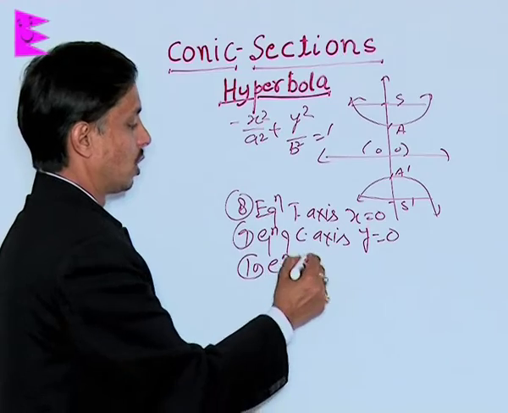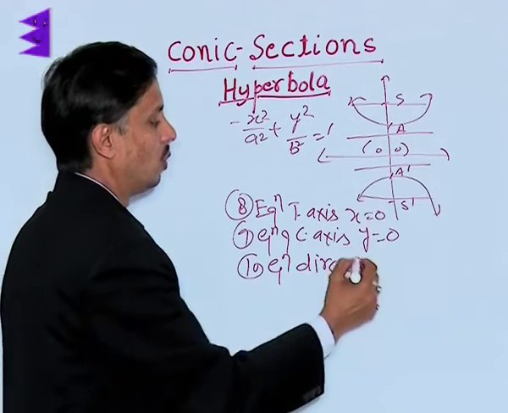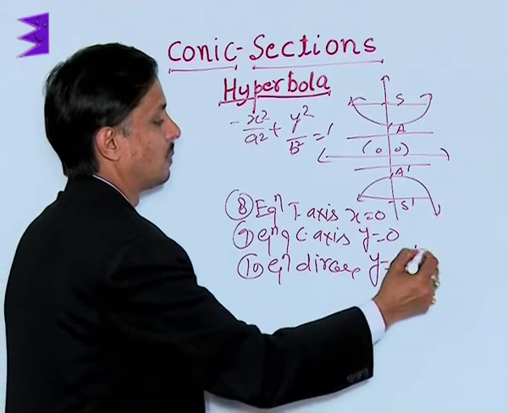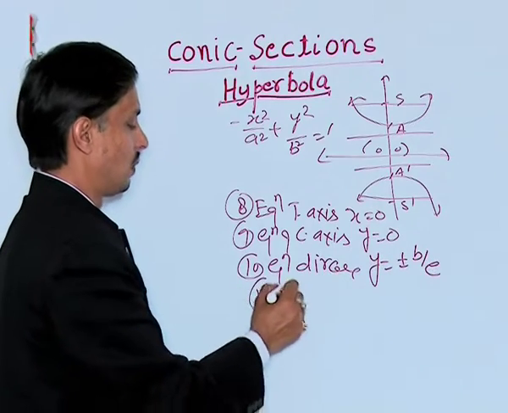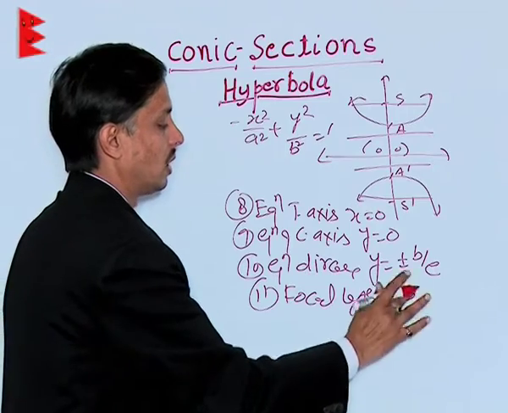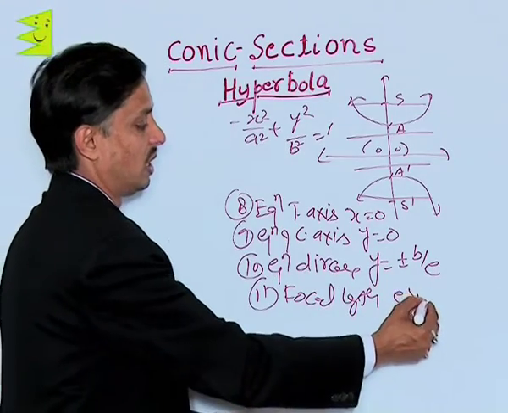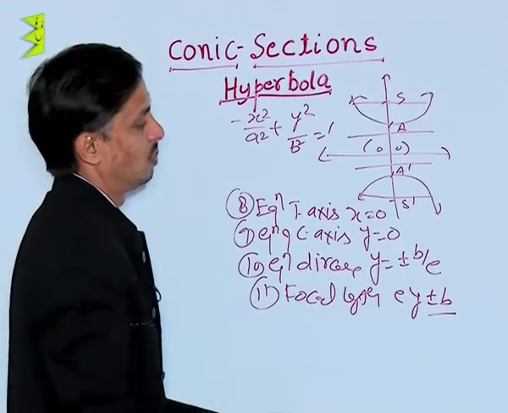Then the equation of the directrix: there are two, y is equal to plus minus b by e. And the last piece of information is the focal length, it is ey. In the previous case it was ex plus minus a; here it is ey plus minus b.